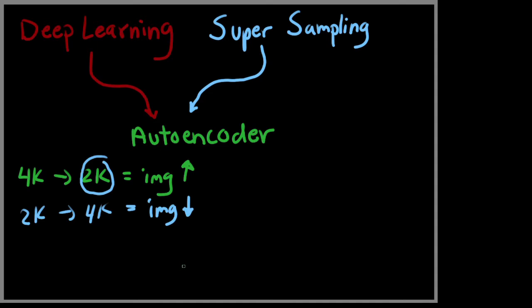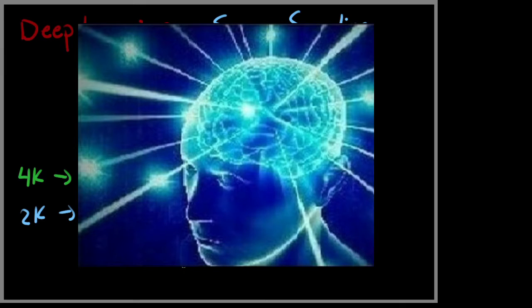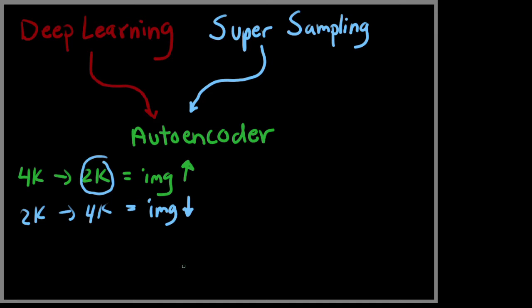But what if we could actually do this without decreasing the image quality, or by not impacting the image quality so much? And that is the brilliance that DLSS brings to the table. DLSS manages to do something similar to this, where it blows up low-resolution images to higher resolution without impacting the image quality as much as a normal resize would do.